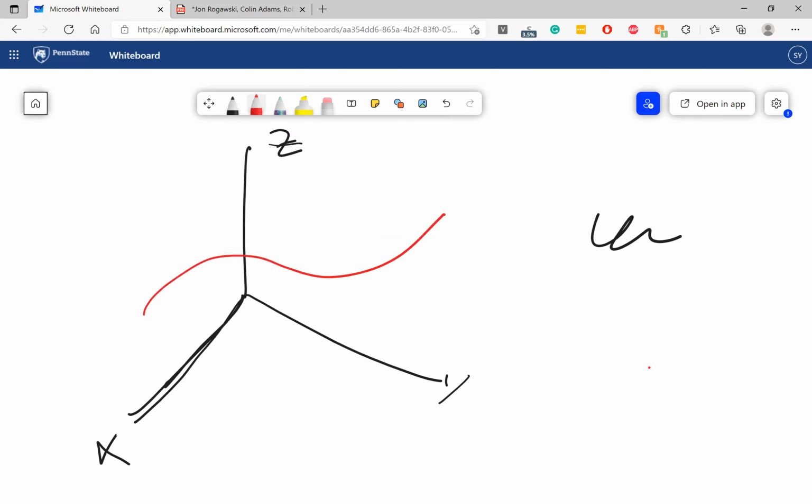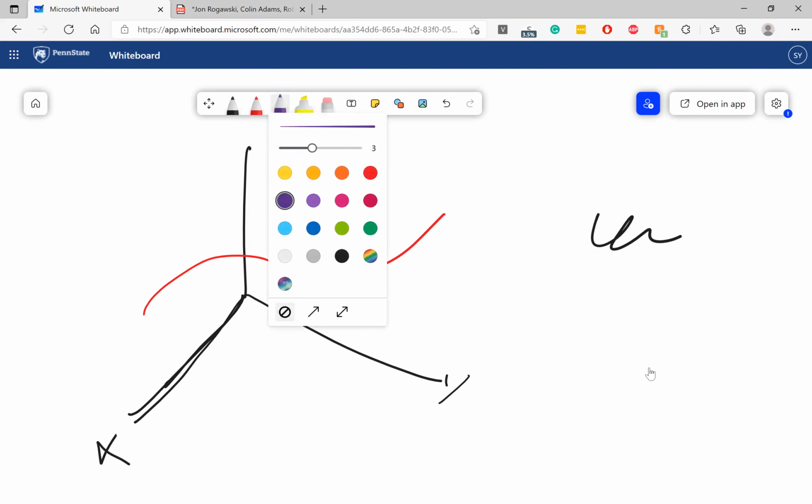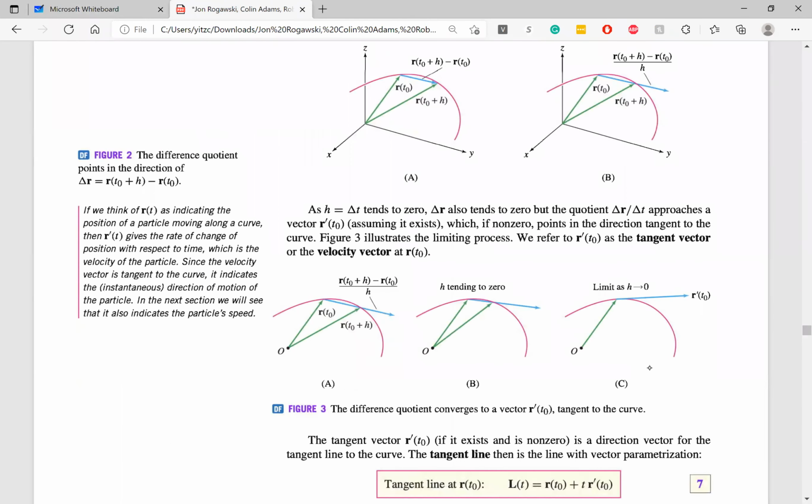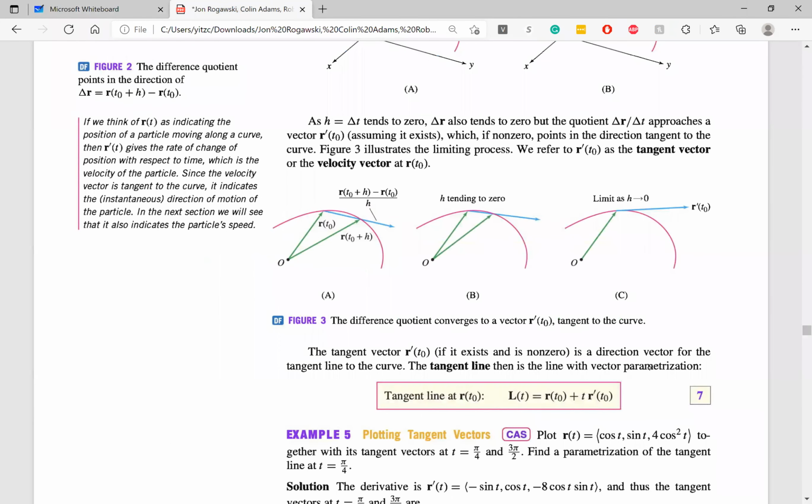We have some curves, and we would like to find the vector tangent to some point on this curve. So that's the goal. And well, if you think about it, what we need is we need to have the point.